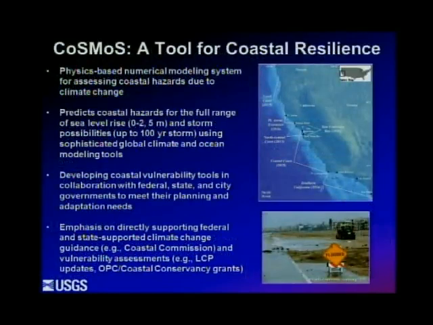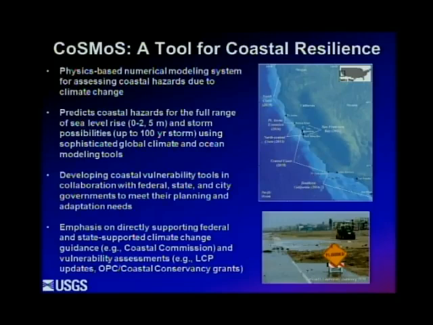Okay. So in lots of consultations with state agencies, we developed the Coastal Storm Modeling System at USGS to project these impacts so you can assess the exposure of your communities and your agency jurisdictions, and how these projections will manifest themselves in terms of coastal hazards. So we developed this model to predict the full range of sea level rise and storm combinations along our coast.